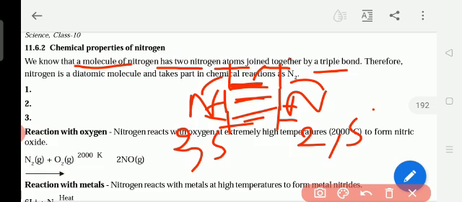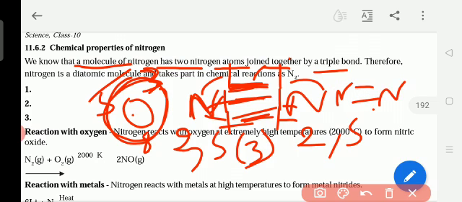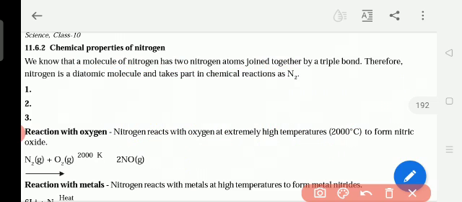That is why there are 3 bonds. Each nitrogen needs 3 more electrons to fill the octet. Only 5 are there, 3 more are needed to become 8 electrons in the outermost shell. So that is why 3 electrons are shared, meaning triple bond. If it is sharing 2 electrons, it is a double bond. That is why nitrogen is a diatomic molecule, and it also forms a triple bond, taking part in a chemical reaction.